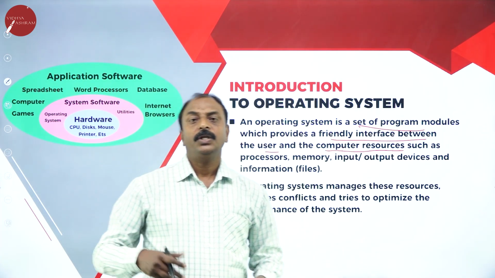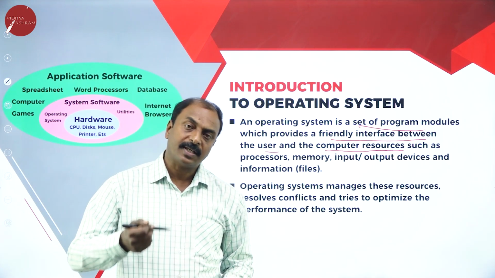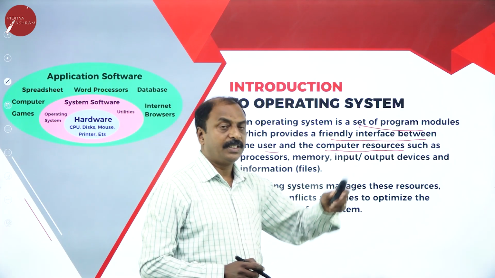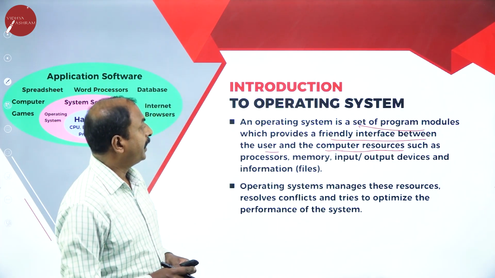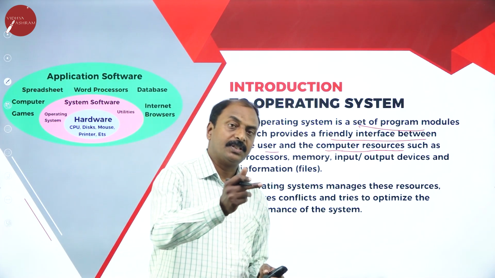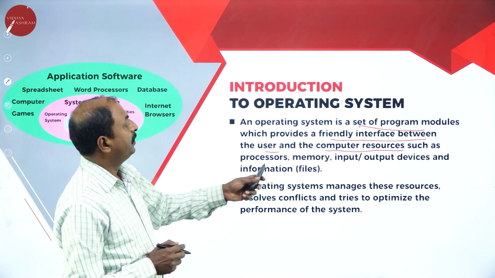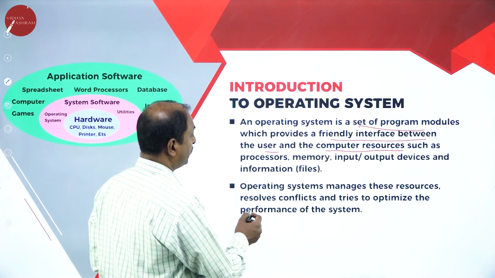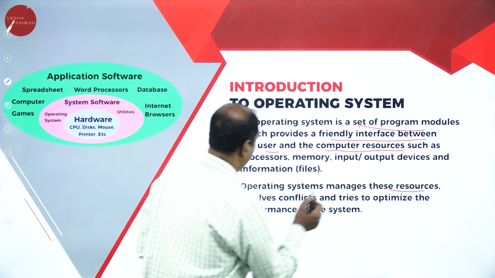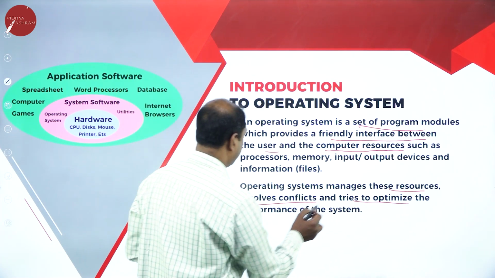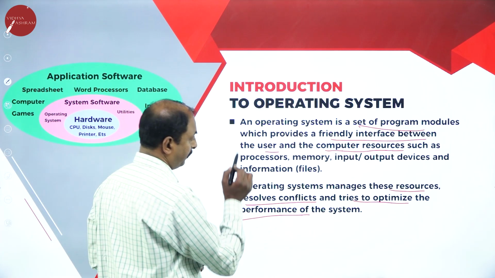The user has to communicate with the computer system through the operating system. Interface is nothing but a communication, which is going to help us to communicate with the computer system. And the operating system manages these resources, resolves the conflicts, and tries to optimize the performance of the system.